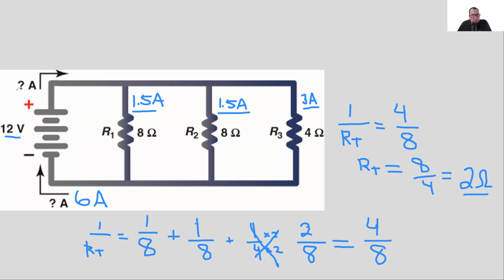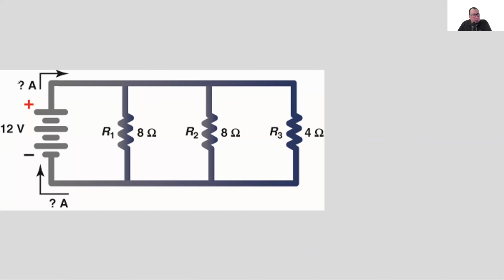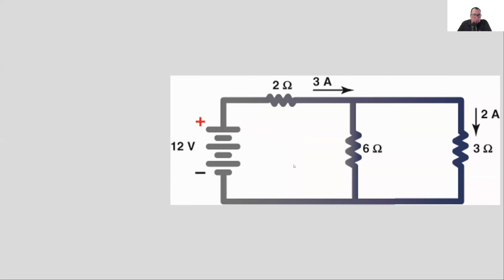Let's move on to the last equation. This one is relatively easy. Everything's already given, so we don't have to find any answers. Actually, sorry, this is a series parallel circuit, so I don't want to show you the formula.